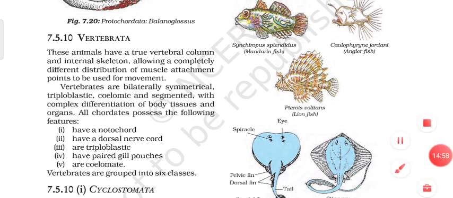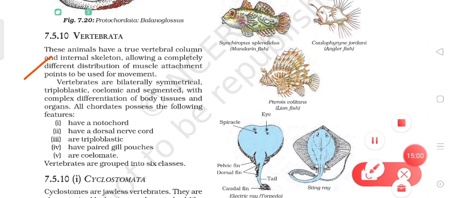So what is phylum Vertebrata? As you now know, Vertebrata is actually not a phylum, it is a subphylum, and it is a part of phylum Chordata, we can say. So these are actually chordate animals, right? And they have a vertebral column which is developed from the notochord.